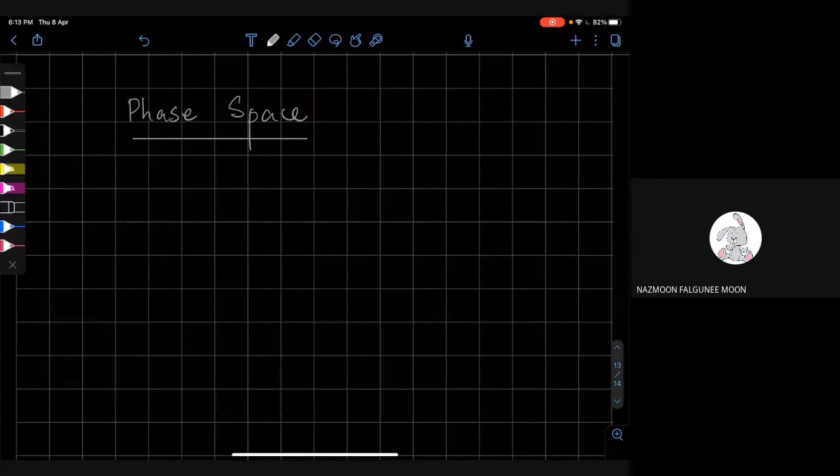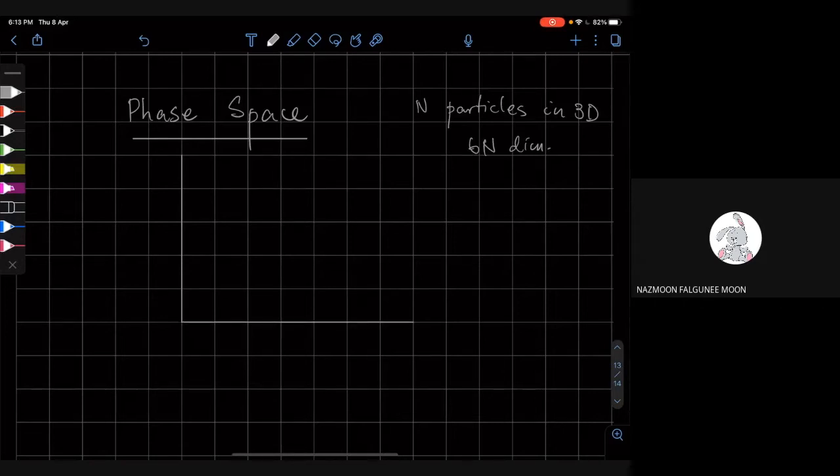So a phase space is, if I have n particles in, say, 3D, then the phase space is a 6n dimensional space. So the space's coordinates consist of the generalized coordinates and the generalized momenta.